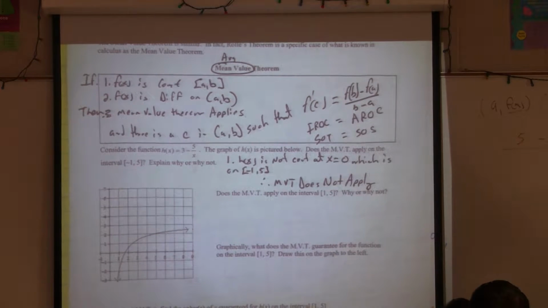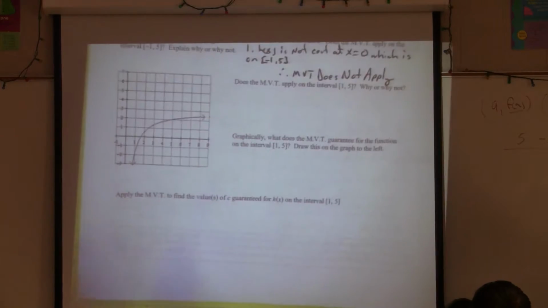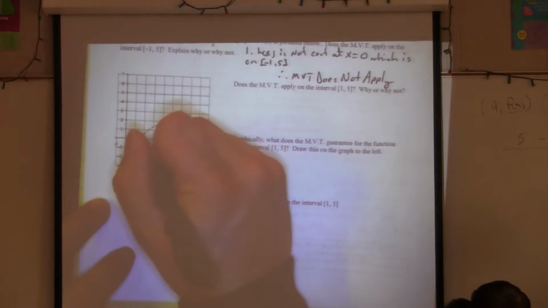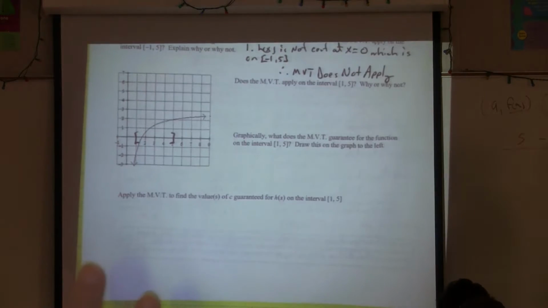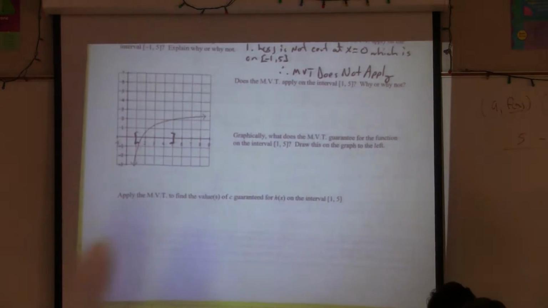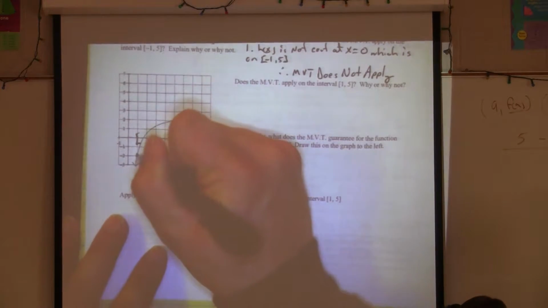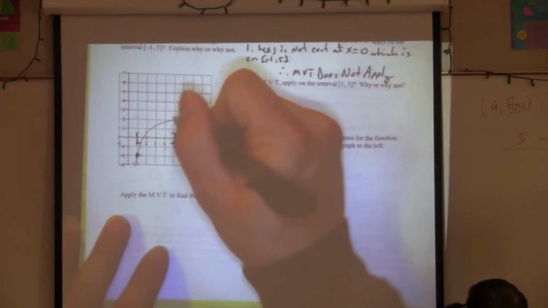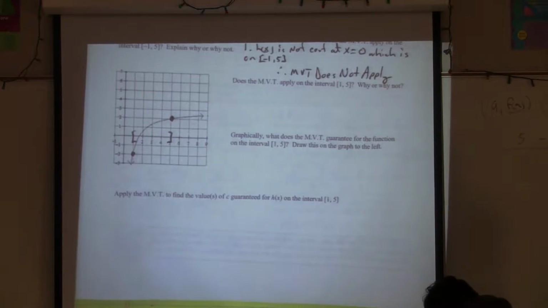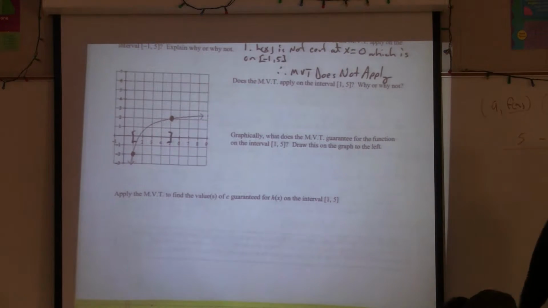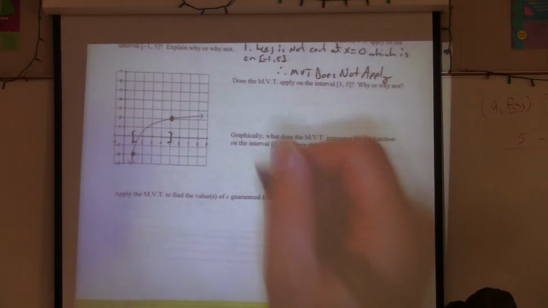Now will it work? So let's go down to the graph and I'm going to mark my interval. So from positive 1 to 5, what would be the value at 1? Negative 2, and what would be the value at 5? Positive 2, right? Does MVT apply on the interval 1 to 5? Why or why not? So let's see, is it continuous on that interval?